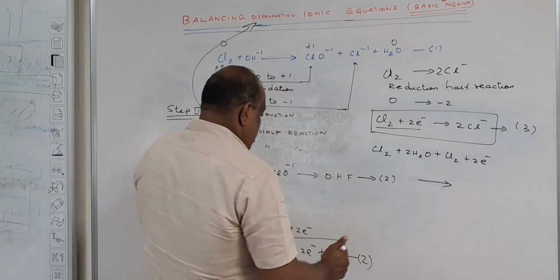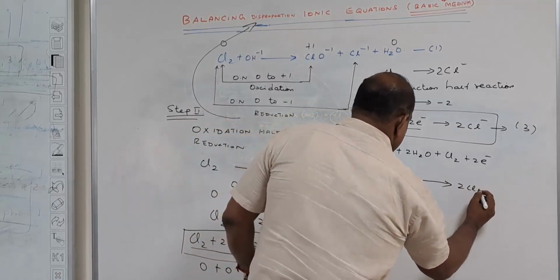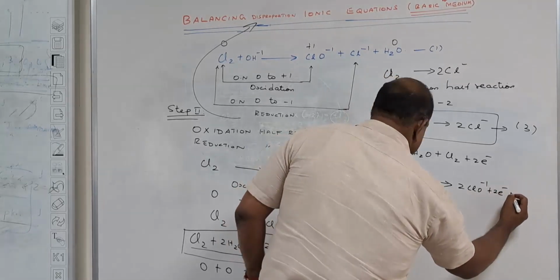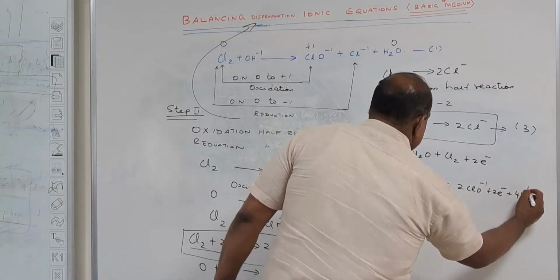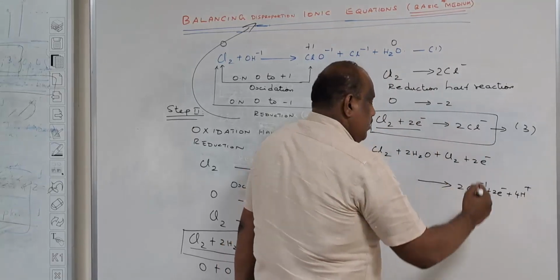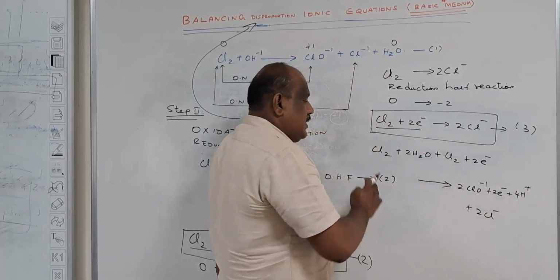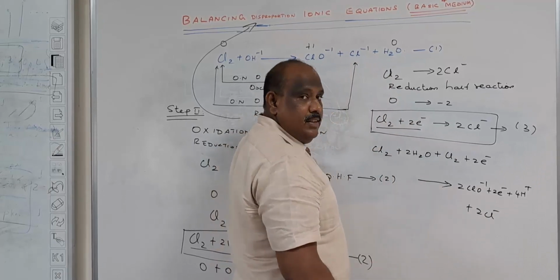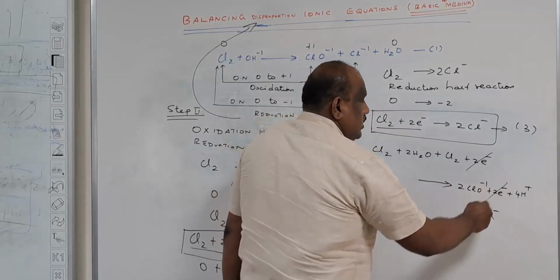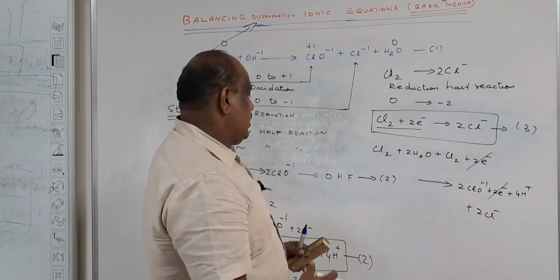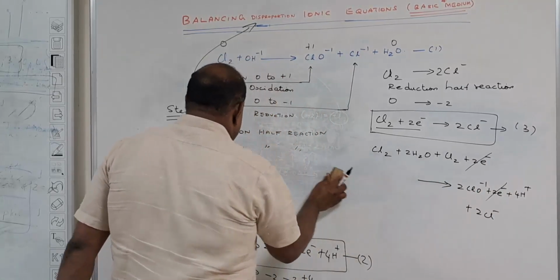It will become 2 ClO- plus 2 electrons plus 4H+. Then I have to add 2 Cl-. So in this entire equation, which one can we cancel? We can cancel the electrons, since they are on both sides. So this is the final form of this equation.